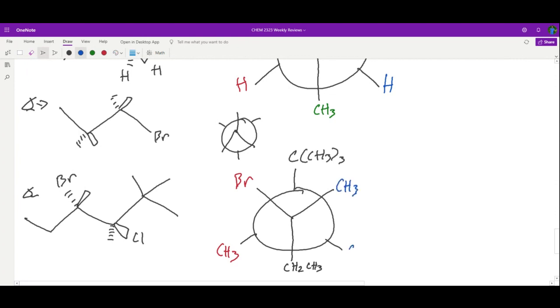And then I have a chlorine on my back carbon on my wedge. Okay, so again, these are opposite, so these also have to be opposite. That's a good way to check yourself, because that will also stay consistent. So if you're unsure, at the very least, keep bromine and chlorine on opposite sides.